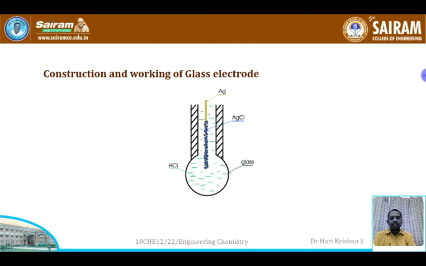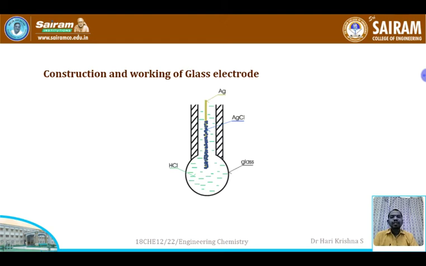Normally we use silver chloride as the internal reference electrode. This entire setup will be dipped in a solution containing H+ ions of unknown concentration. Because of the difference in concentration, the glass membrane undergoes an ion exchange reaction across the membrane.